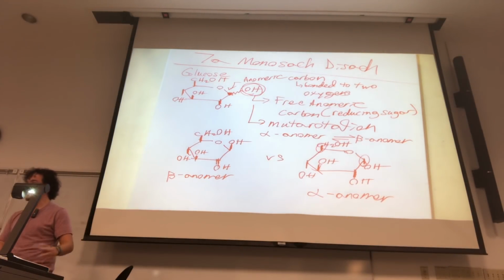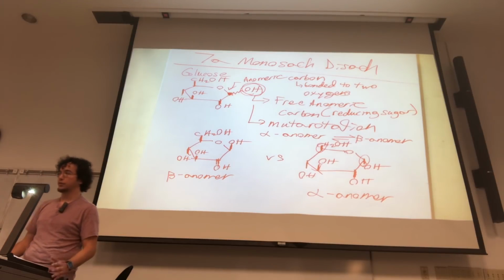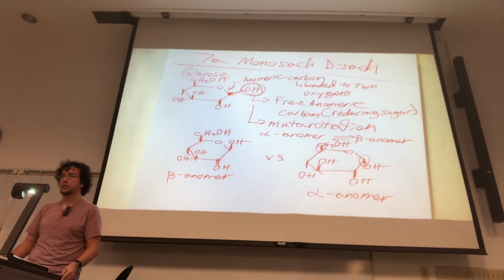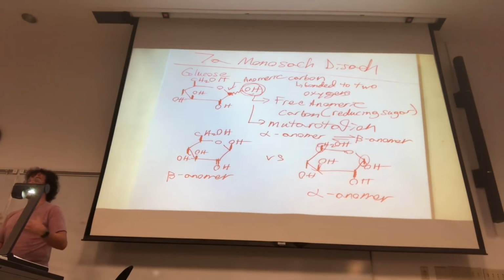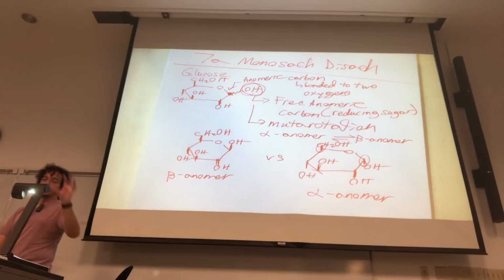It's just a phrase that is used to describe that. And only sugars, whether monosaccharide, disaccharide, or polysaccharide, only ones with free anomeric carbons are able to do this. So if they ask a question, is X sugar a reducing sugar, it's just a fancy way of asking, does it have a free anomeric carbon?